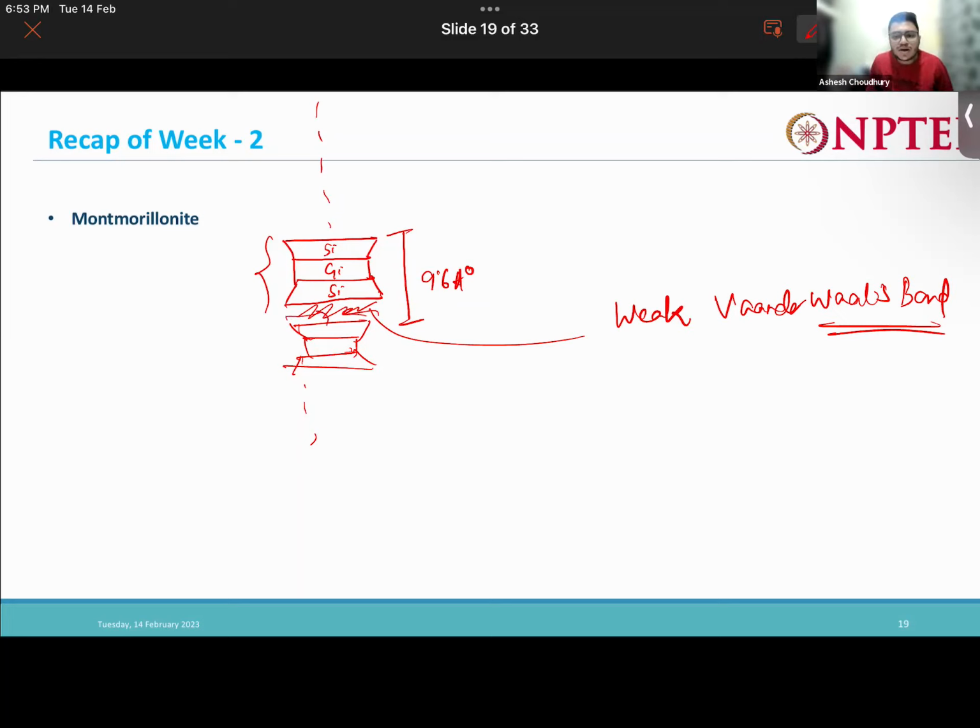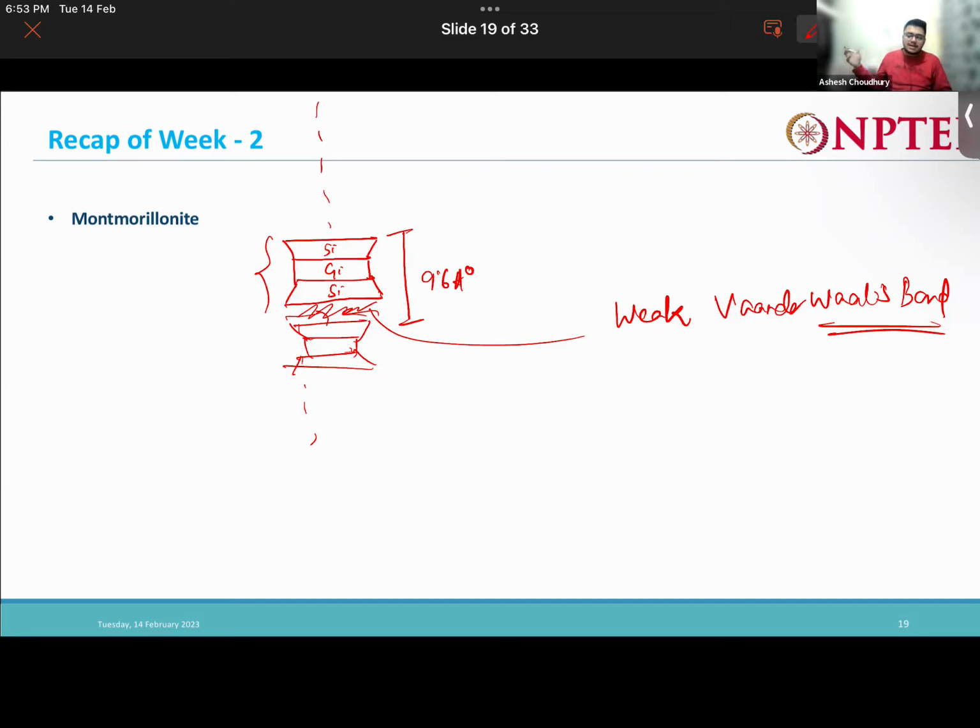So clay made up of montmorillonite is extremely expansive in nature. If you submerge this soil in water, it will expand very, very much because they are highly active. Because of the weak forces between the structural units, what happens?